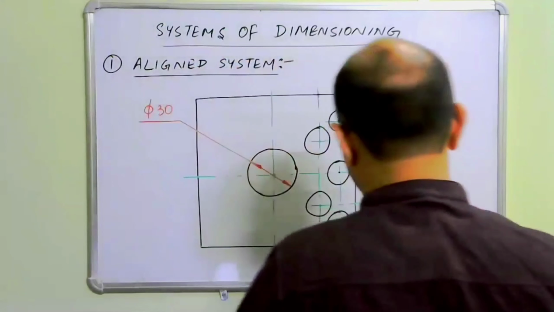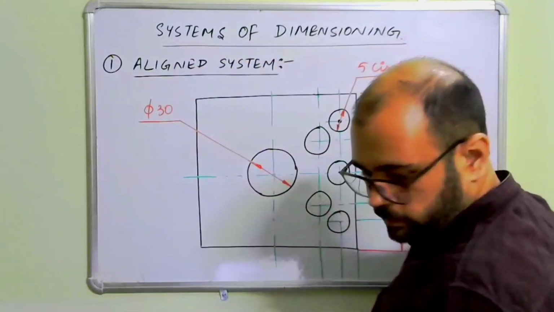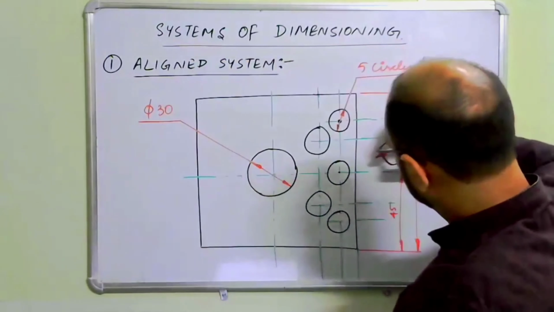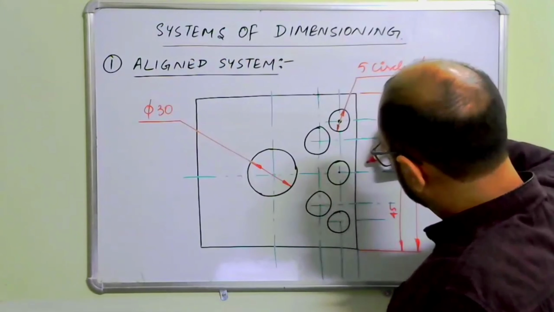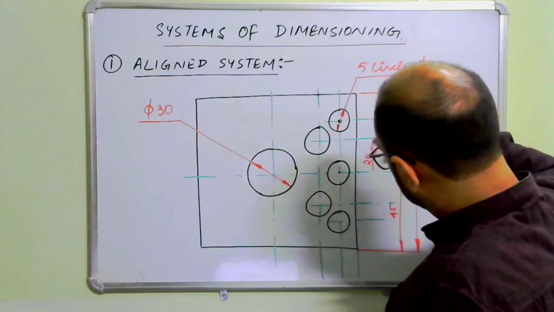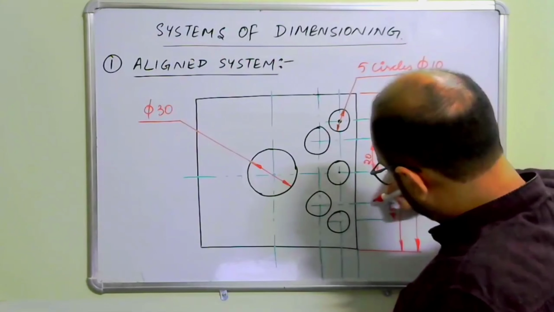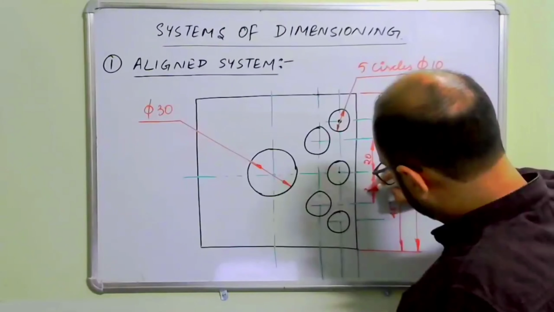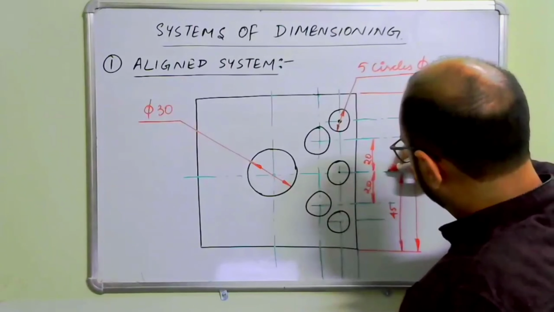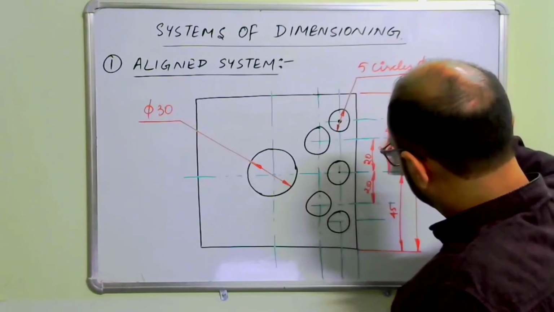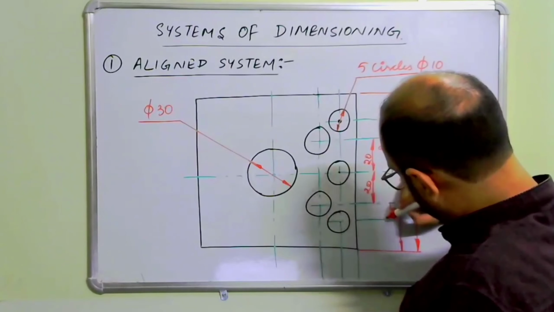So this is equal to 25. Sorry, this is equal to 20. This is also equal to 20. This is equal to 30. This is also equal to 30.